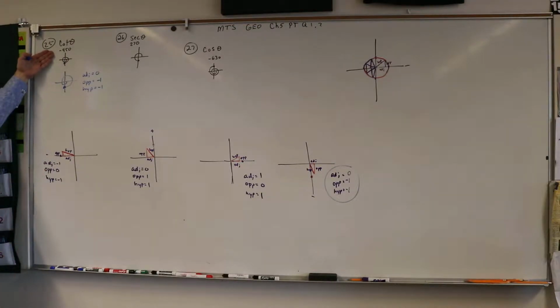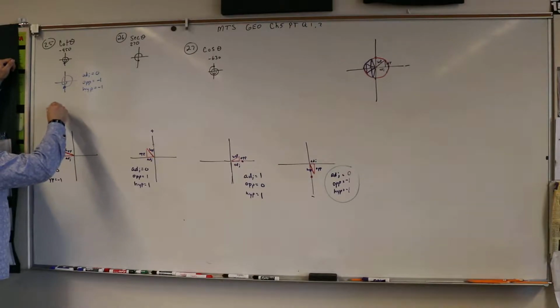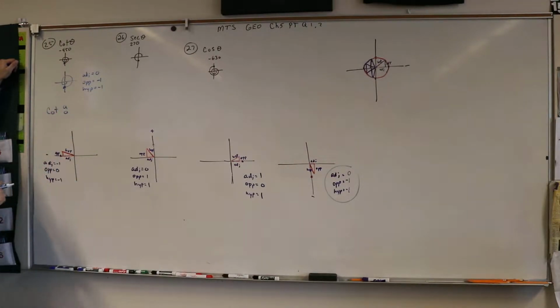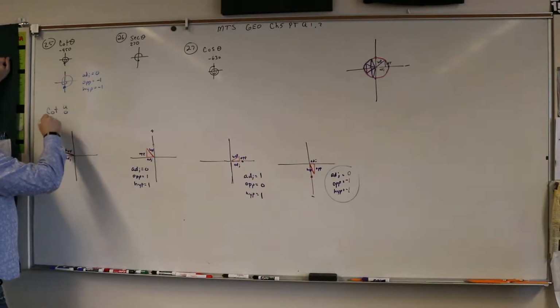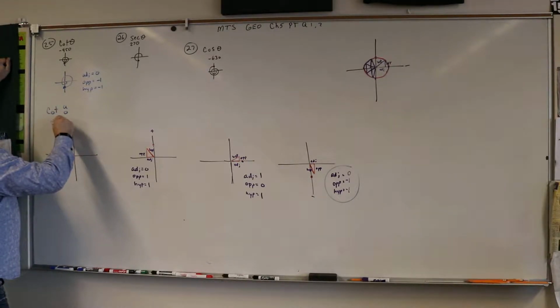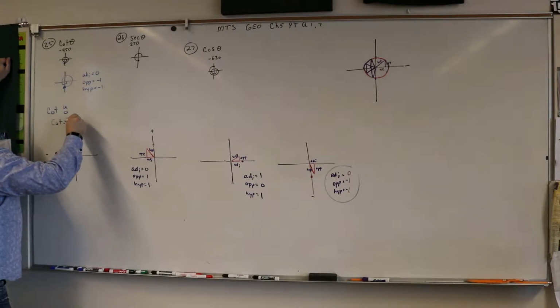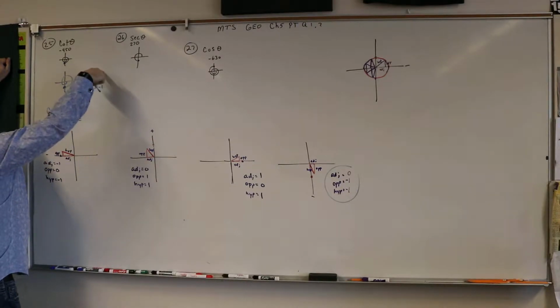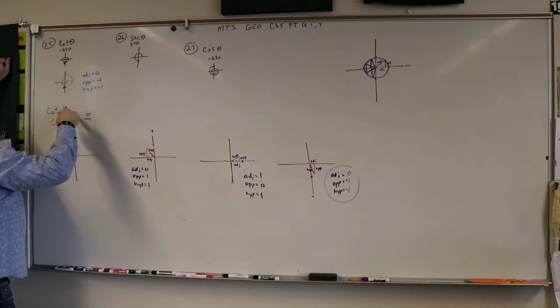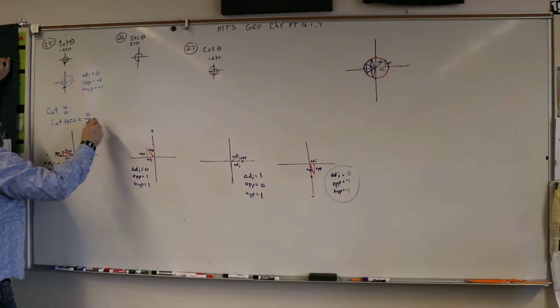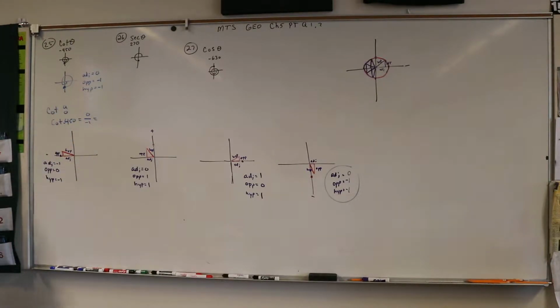And then all we do is ask, what's cotangent? Cotangent is A over O. So the cotangent of -450 is equal to A, or 0, over O, which is -1. And 0 divided by -1 is 0. So the cotangent is 0 in this case.